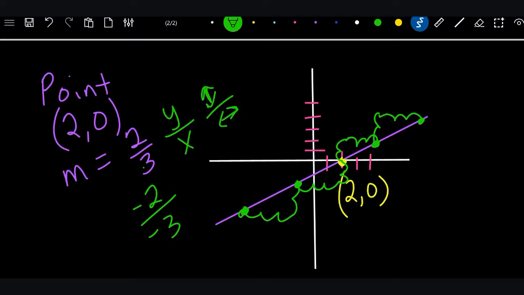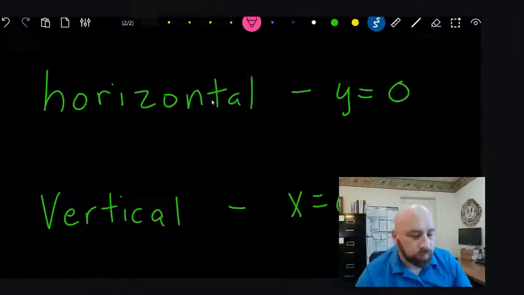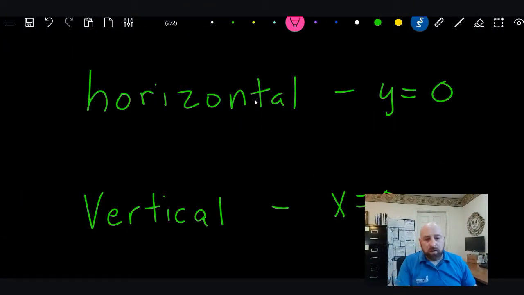Why? Because I'm following the slope of the line. I'm just guiding myself up or down the line. So just follow your line, follow your slope, find your point, and then you can construct your line based on your slope.